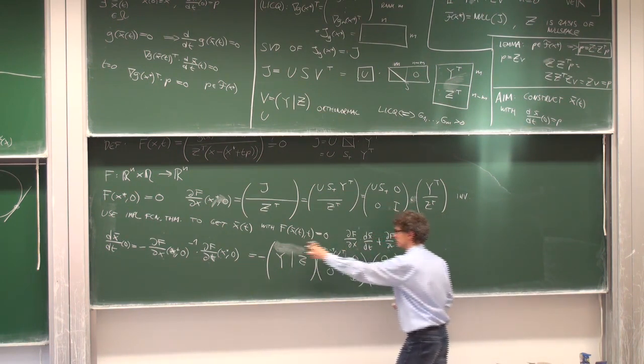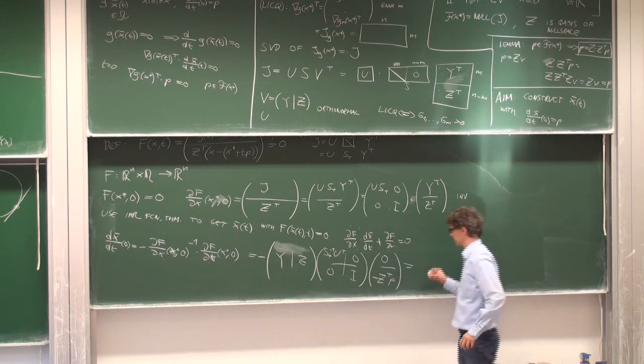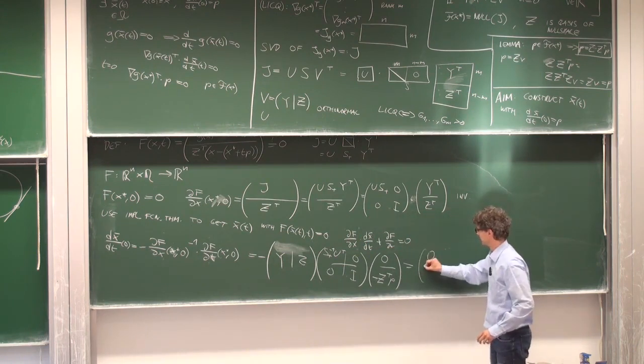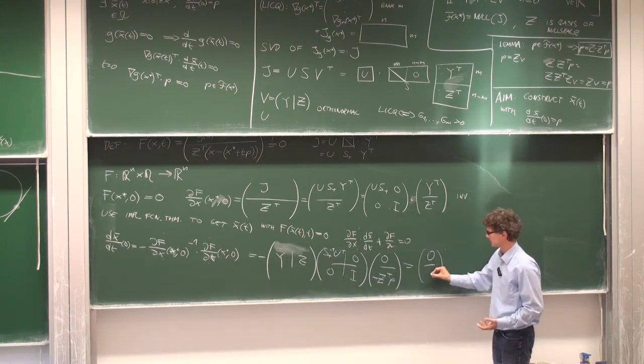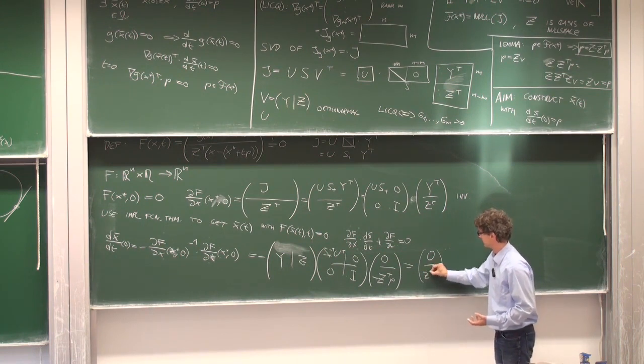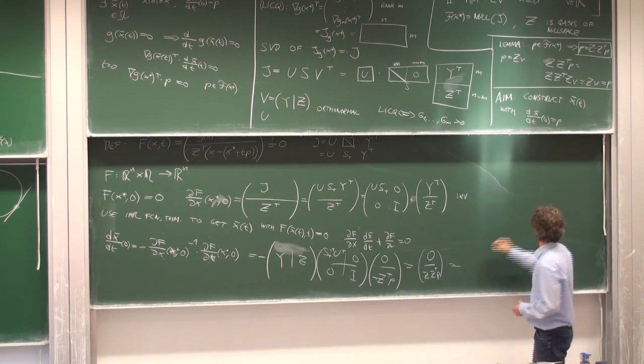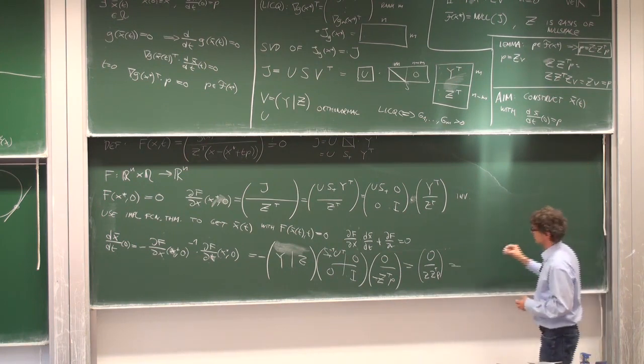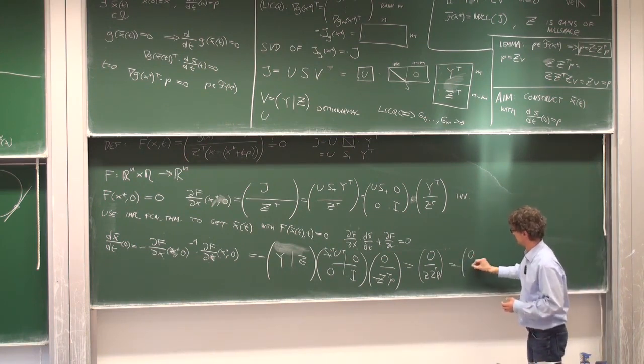The 0 here will be multiplied with that. So we get a 0 at the front, at the top, and at the bottom we get Z times Z transpose times P, which by our little lemma was equal to 0 and P.